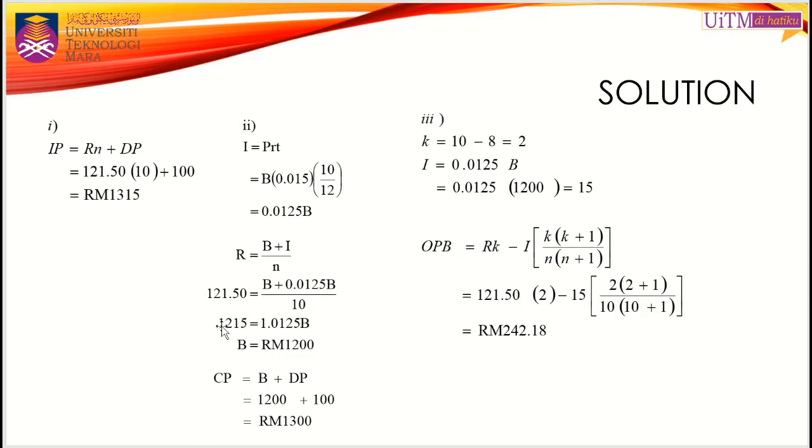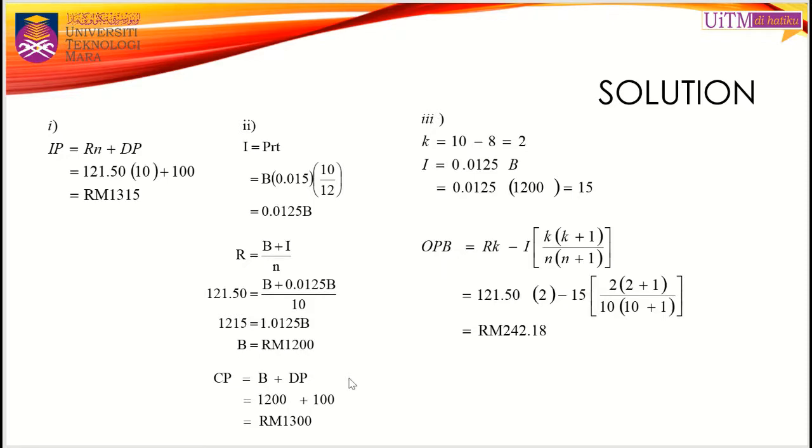When you multiply 10 with 121.5, you get 1215. And then on the right side, you have 1.0125 B.